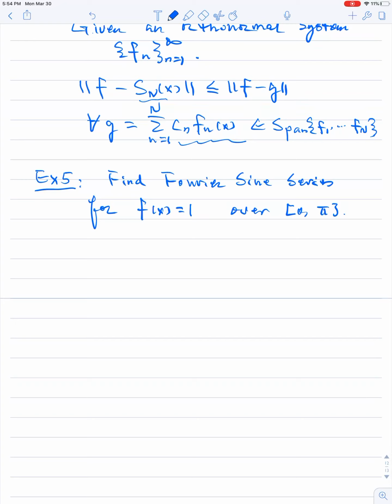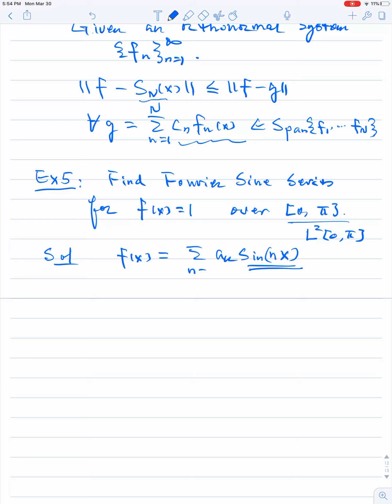Now, you can do the computation. So you have f(x), which you write as the sum of a_n sine nx. We know that this is an orthogonal system over the interval 0 to pi.